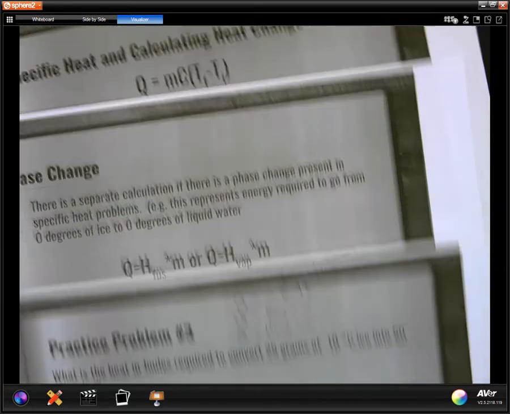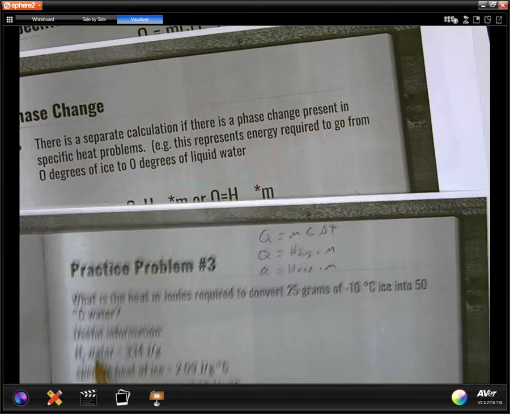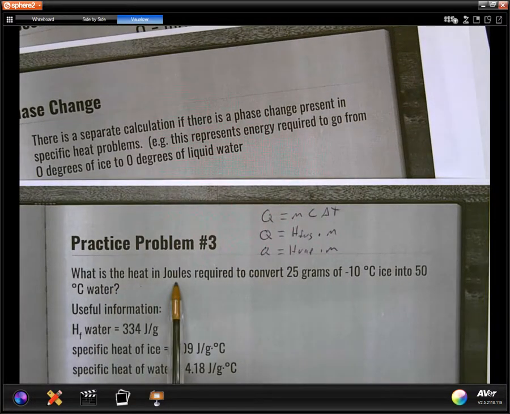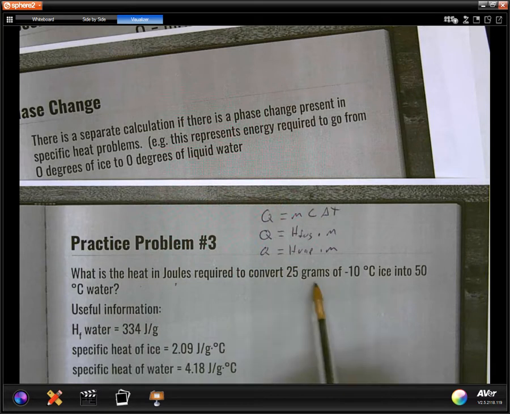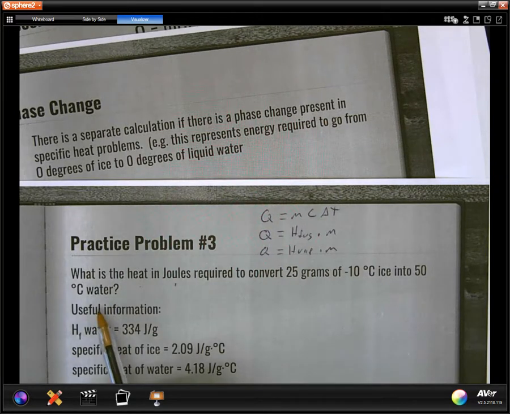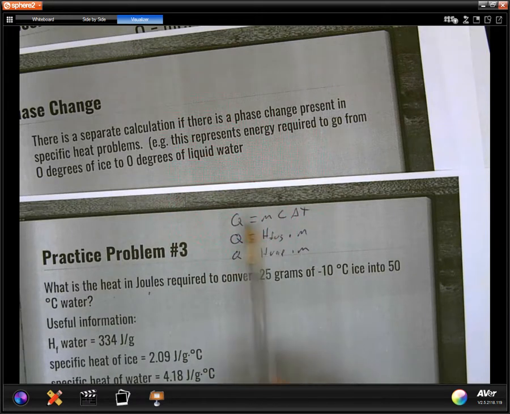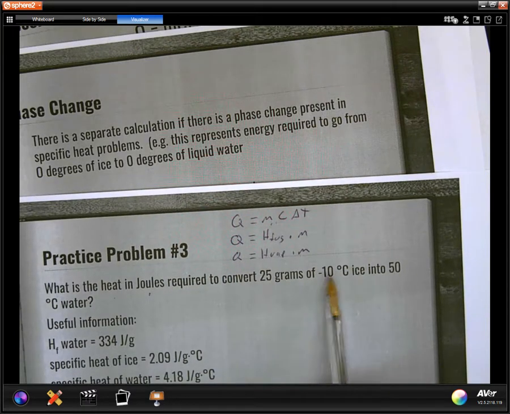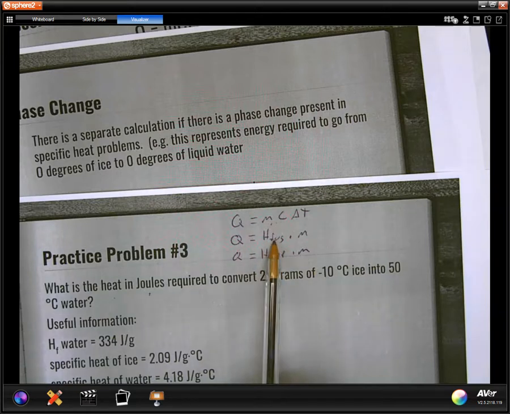As I read this problem, it says, what is the heat in joules required to convert 25 grams of water from negative 10 degrees Celsius into 50 degrees water? What's going to happen here is I have to calculate the amount of energy just to raise it from negative 10 to 50, but then I have to go back and calculate the amount of energy needed to change the phase. So there's actually going to be three separate equations you're going to do here.